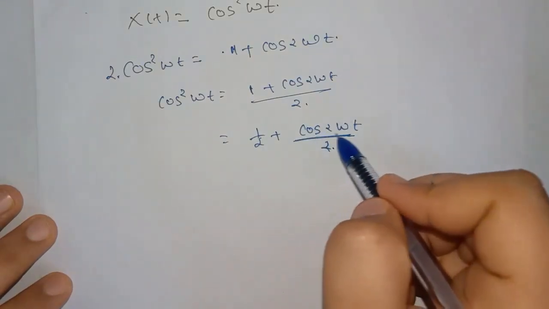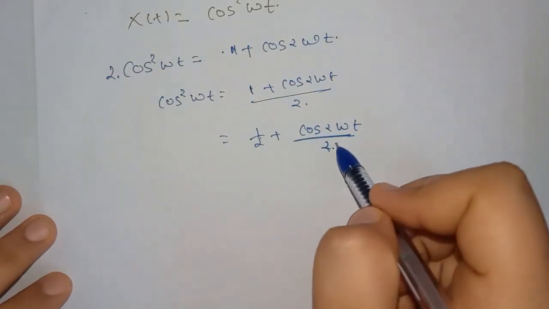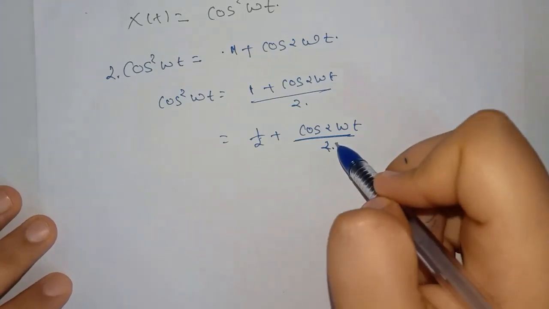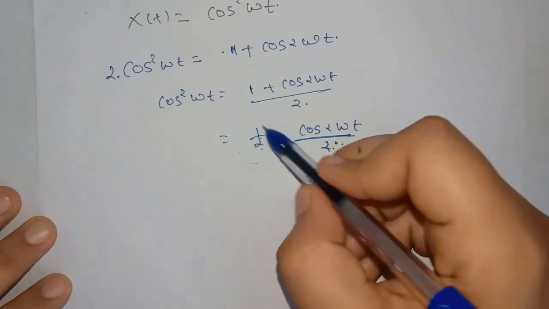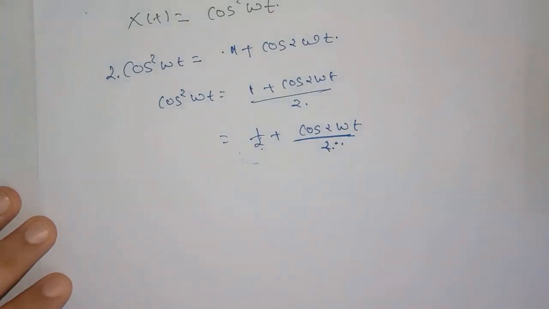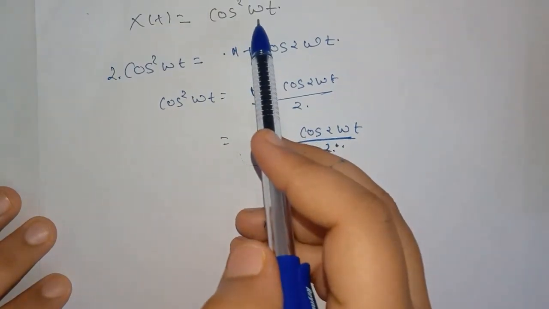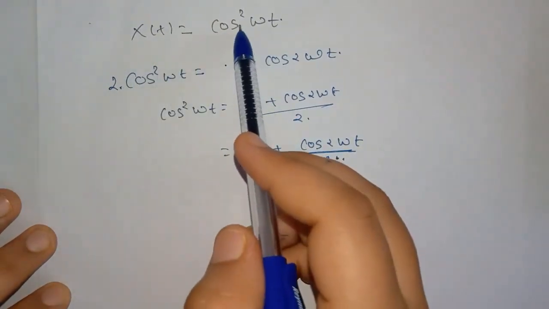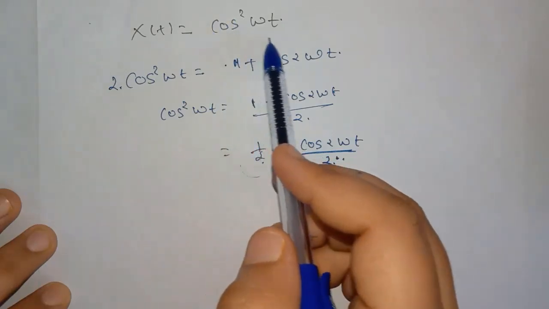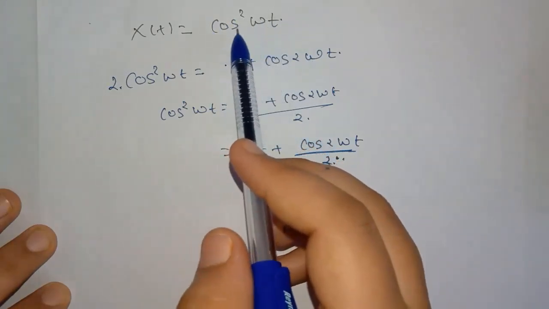This half cos 2 omega t is a periodic function and it is SHM. But as it is added with a constant value half, it is not SHM. First thing to remember is we can never have the position equation as a square or cube or n power of the trigonometric function.